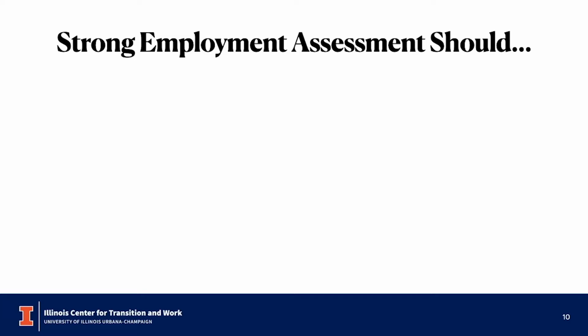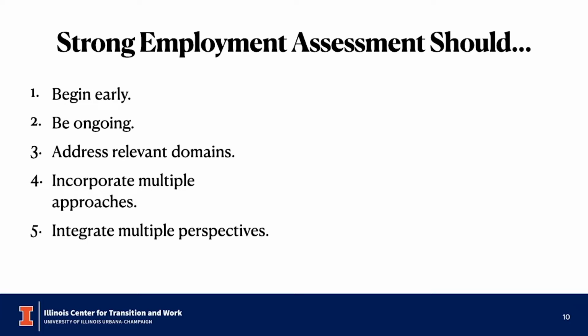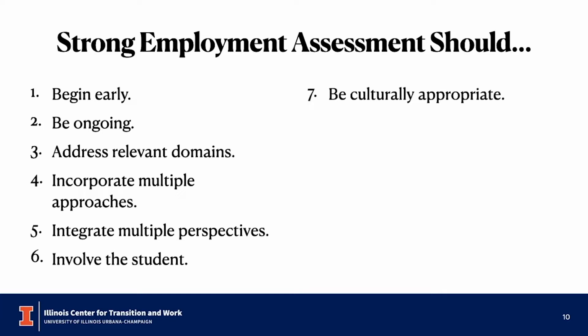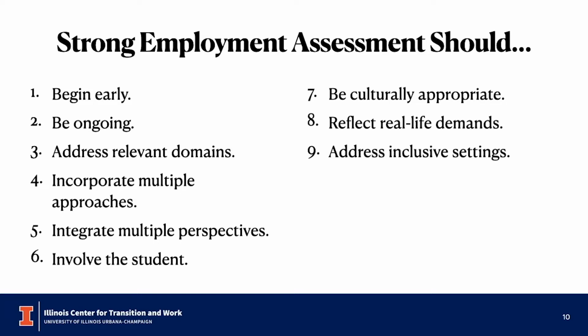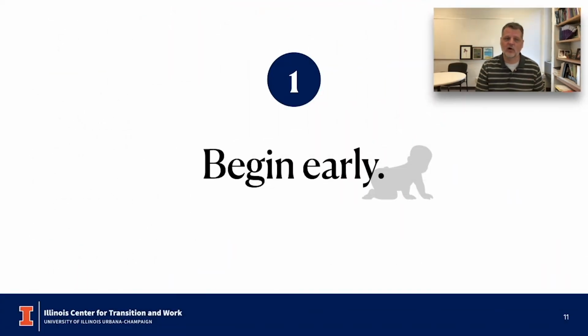We know that strong employment assessment should begin early, be ongoing, address relevant domains, incorporate multiple approaches, integrate multiple perspectives, involve the student, be culturally appropriate, reflect real-life demands, address inclusive settings, reveal critical strengths, incorporate needed adaptations, and produce informative results. So we'll walk through each of these one at a time and talk about why they matter and what it might look like.